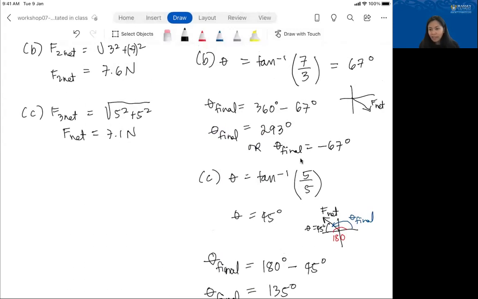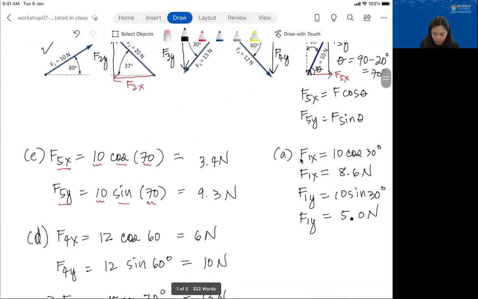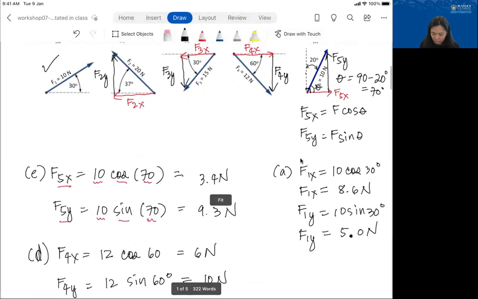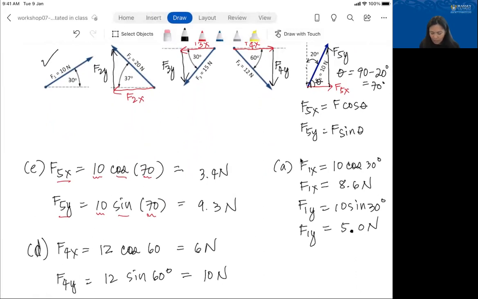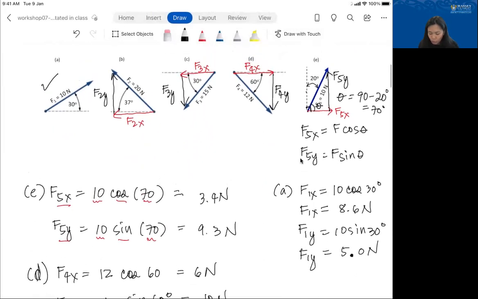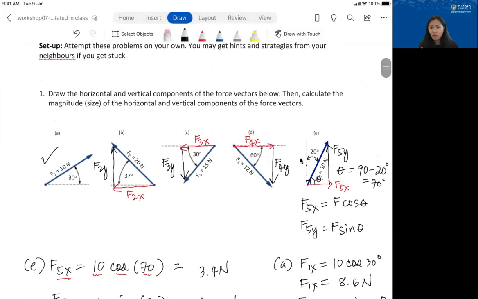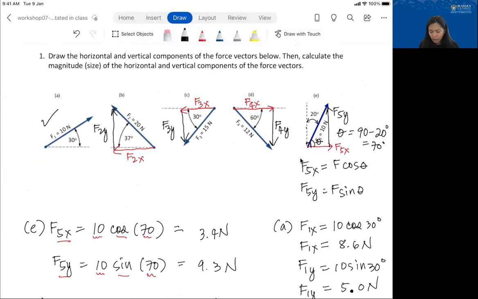The negatives, so are they negatives left and down for 1C? Right. So for 1C, yes, if you include the direction, then they should be negative. But when you're calculating using cosine and sine, you will get a positive number. So finally, you're right.